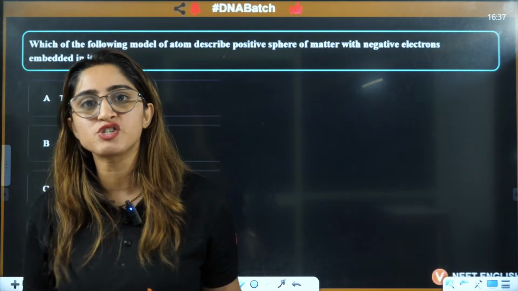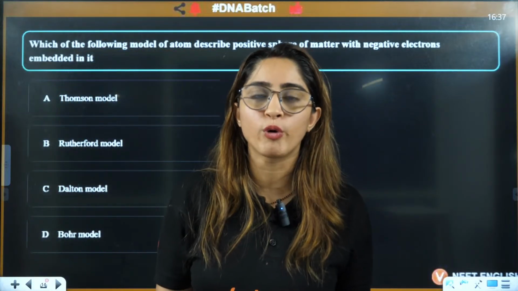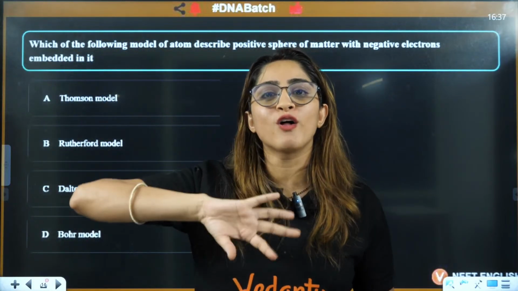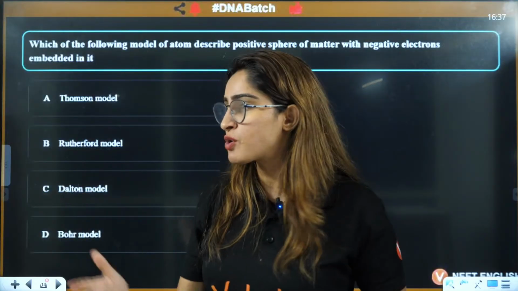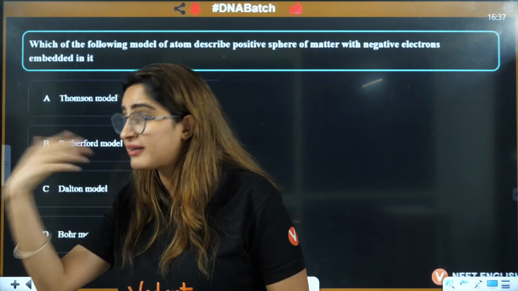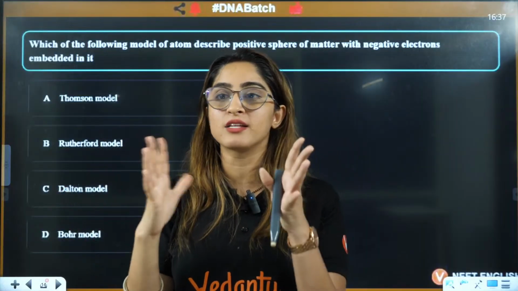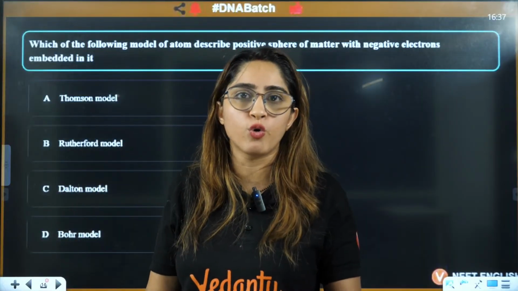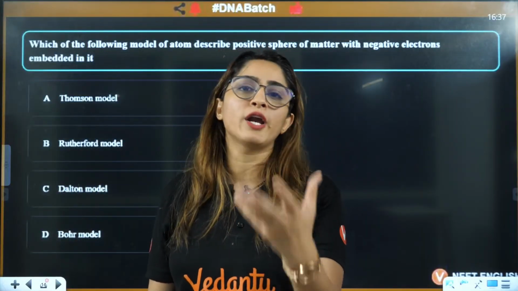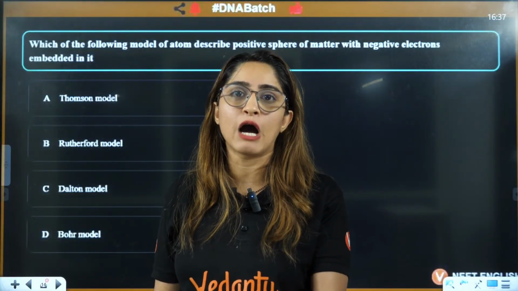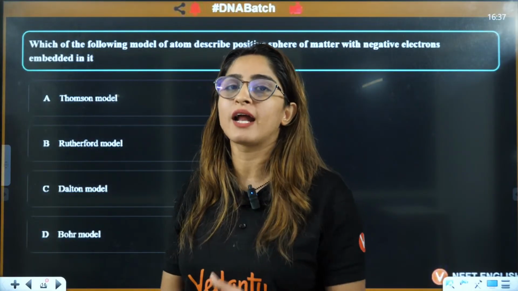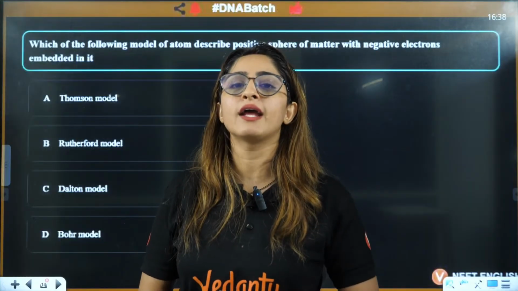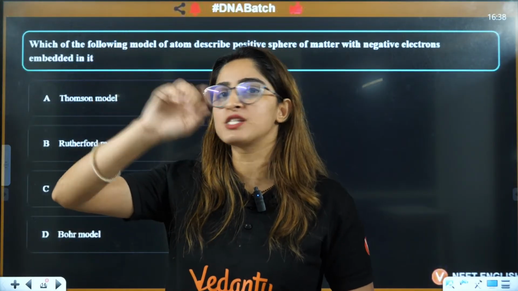In the batch, because that is our own portal, we also have the option of a hotspot. So like now I have to ask you whether you are able to understand this or not, and you have to type yes or no. Some students are not able to tell whether there is any doubt or not. So in the batch there is a hotspot option, and I just ask, is that clear?